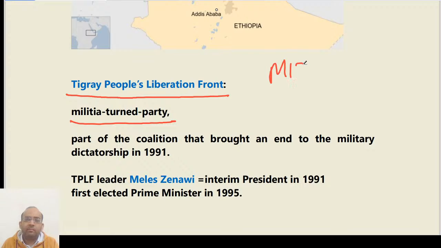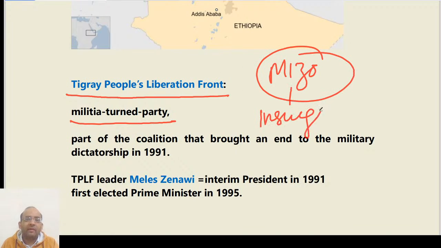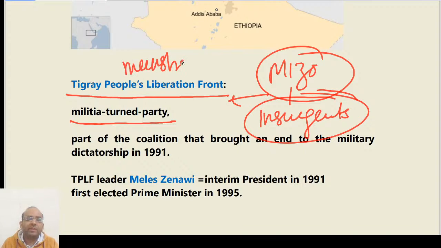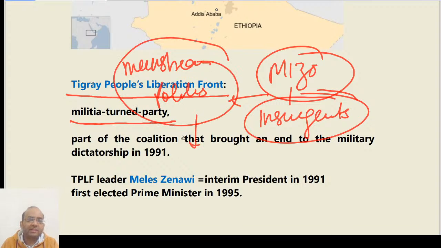See, the Mizo National Front, they were also earlier insurgents. But when they gave up their insurgency through the Mizo Peace Accord, they came into mainstream politics. And they contested the election, won the election, and their insurgent leader became the CM.